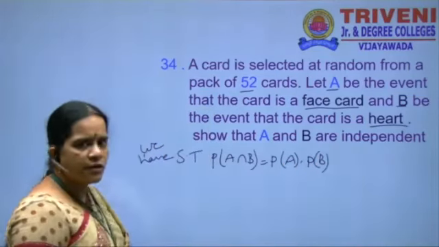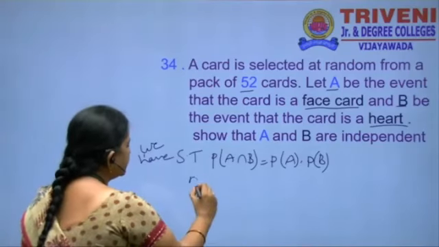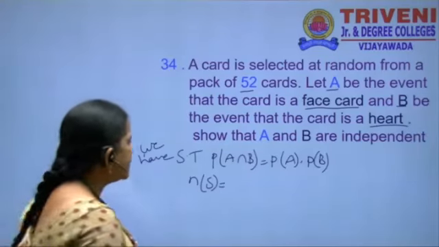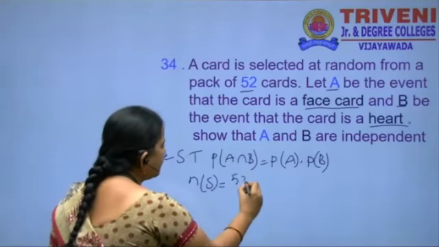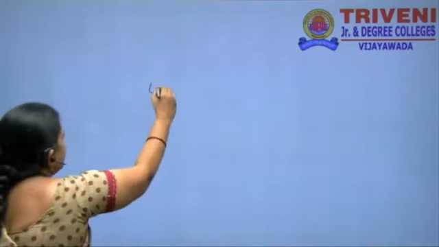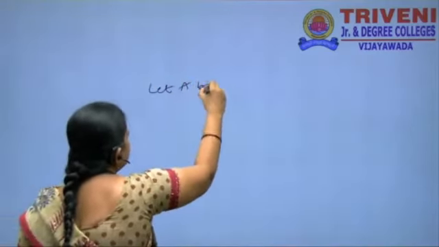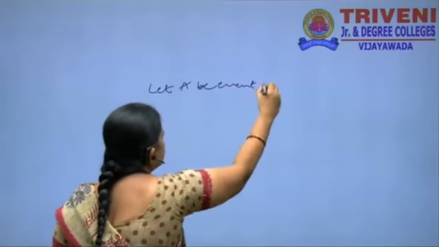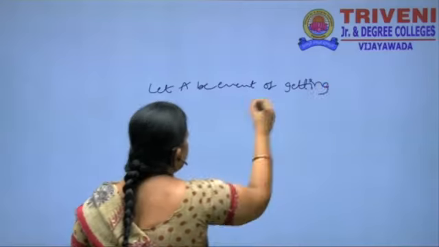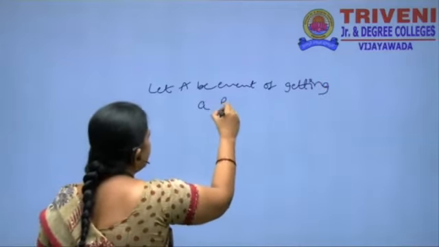Here the given value is N of S. N of S is equal to 52 cards. We have to select one card, that is 52 C1. Let A be the event of getting a face card.